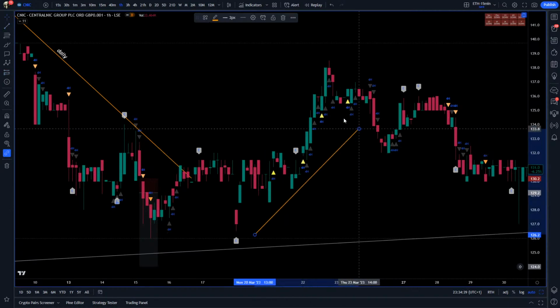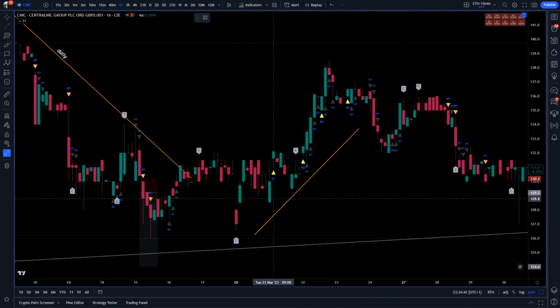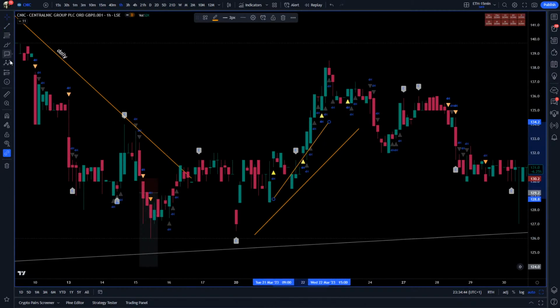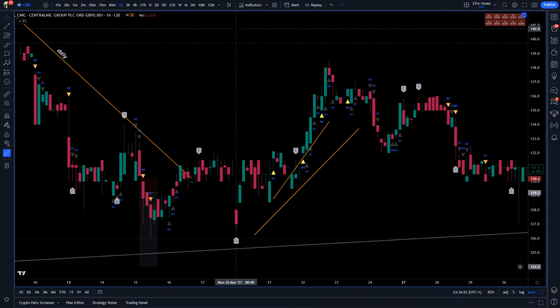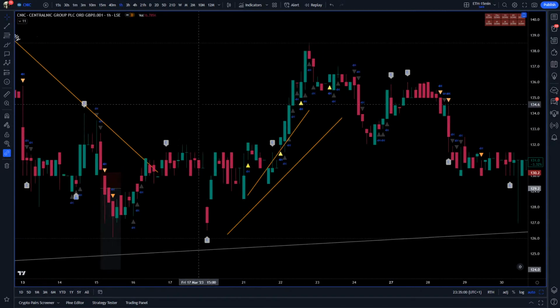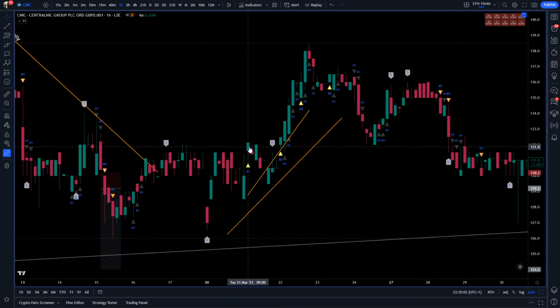The daily was going up, the 4-hour was going up, and each candle of this represents 1 hour trend, which we can see over here. On the 1-hour chart we can see the 1-hour trend going up. Then we see a 4-hour signal before the 1-hour trend coming down to make correction and reversing up again.